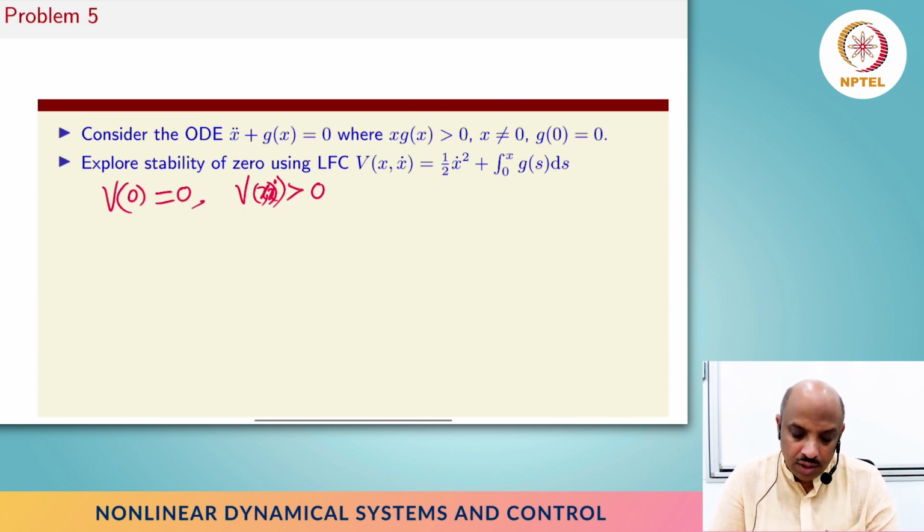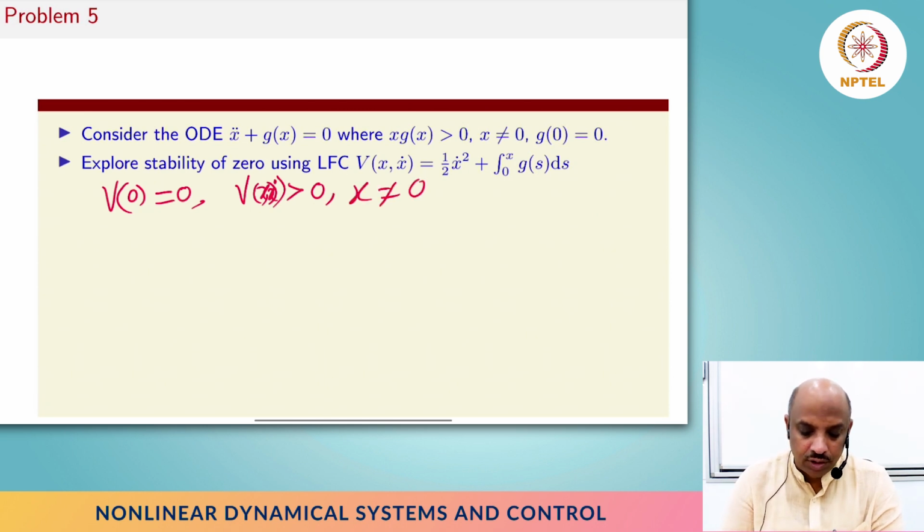You can clearly see that you are integrating over positive numbers, and therefore you'll have at least some positive integral there. So this integral can be shown to be positive when x is nonzero. Now all the nice things about a Lyapunov function candidate, we confirm that it is a Lyapunov function candidate. The next thing, of course, is looking at V dot.